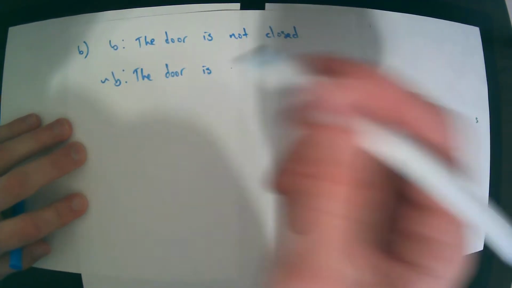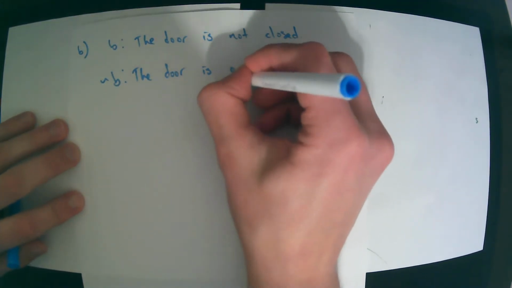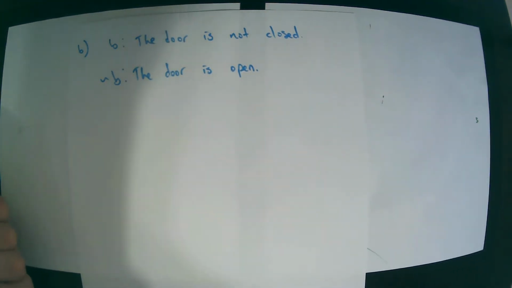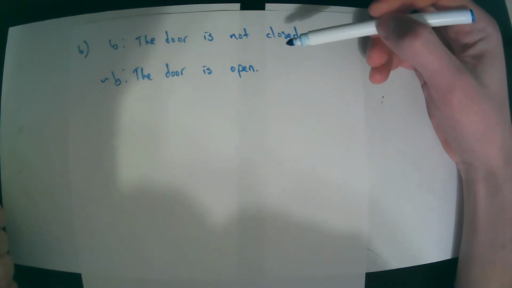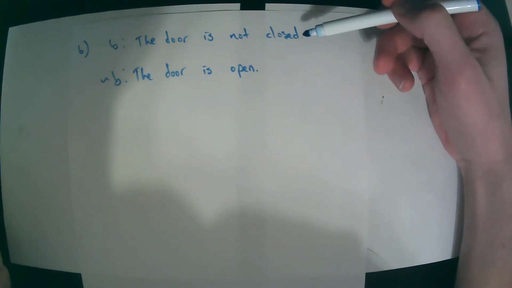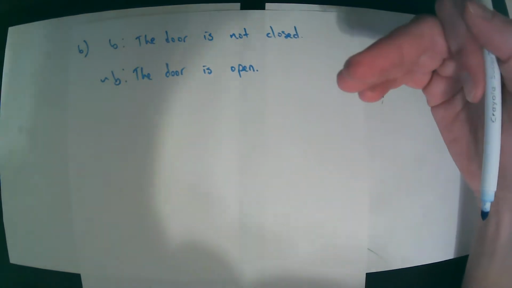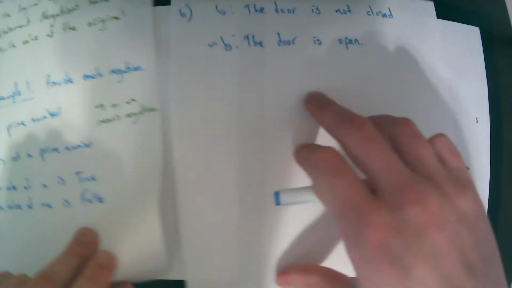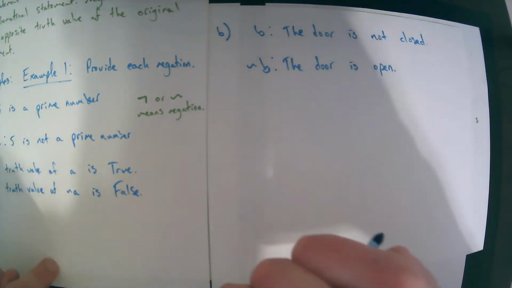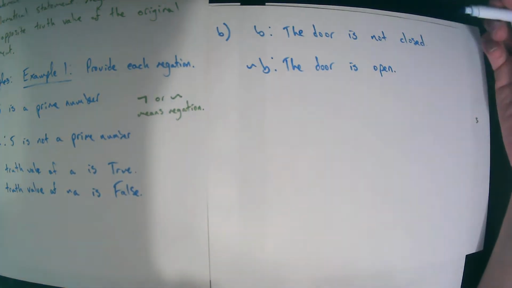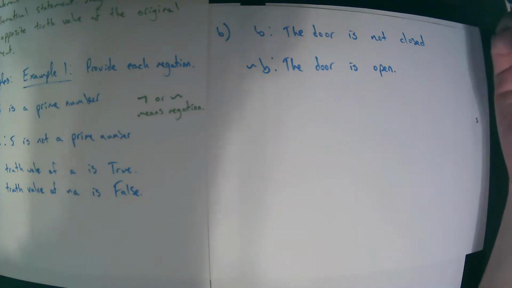Or we could say not closed, but really a door is either open or closed, right? It's binary. It's either 0 or 1. Just like back here with example A, a number is either prime or it's not. A door is either open or closed. So far, pretty simple, right?